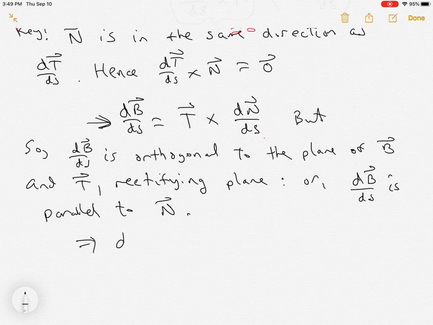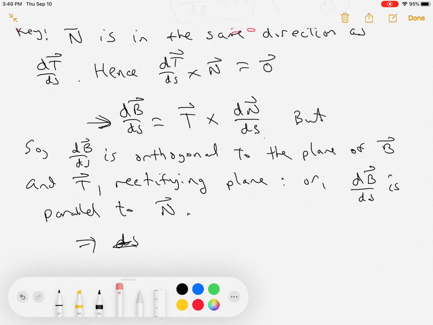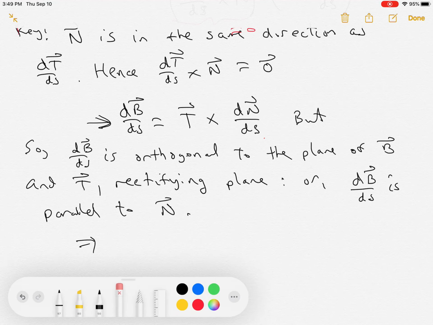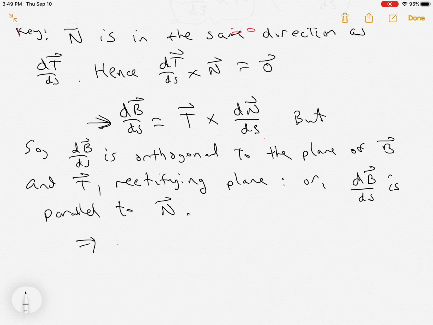And this says then that dB/ds is a scalar multiple of N because they're parallel to each other. And the scalar multiple we use with a negative in front is tau.